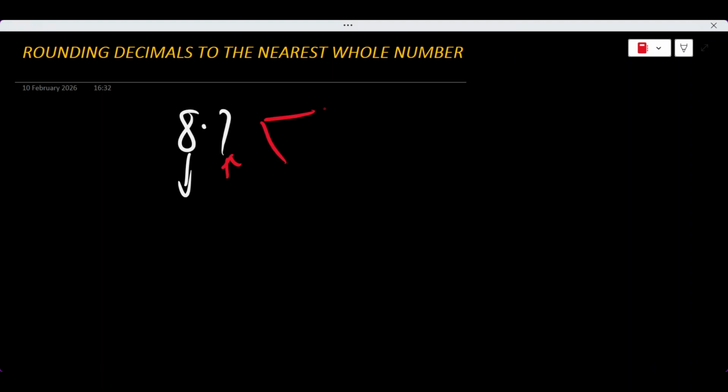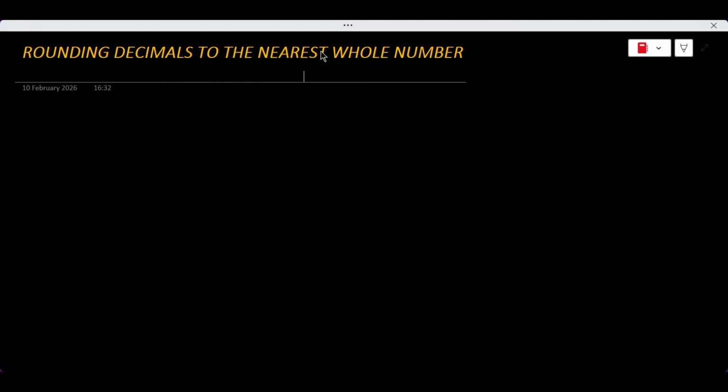Either we round up or increase the ones digit 8 by 1 to give us 9, or we round down, maintaining the 8. Now, considering the tenths digit, the digit 7 falls under the category of 5 or more, meaning we are going to round up the 8, or we are going to add one more digit to the 8, giving us what? 9 as our answer.